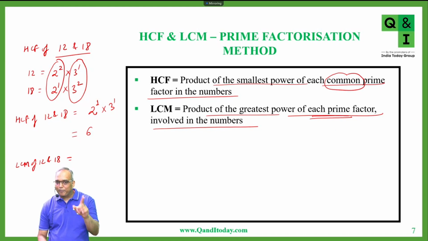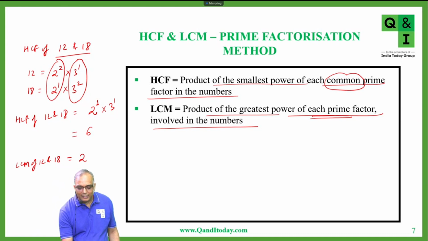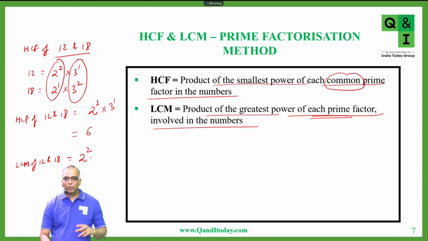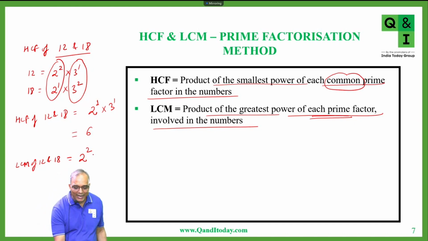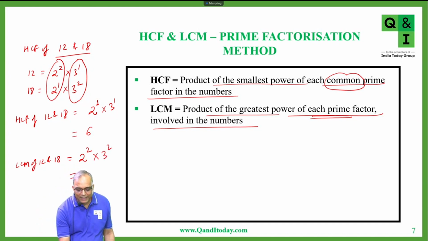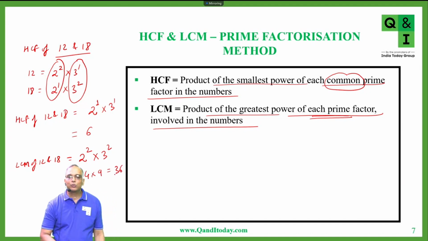There are two prime factors in both numbers, 2 and 3. The greatest power of 2, comparing both, is 2 to the power 2, and the greatest power of 3 is 3 to the power 2. If you multiply them, you get 4 into 9, which is equal to 36.